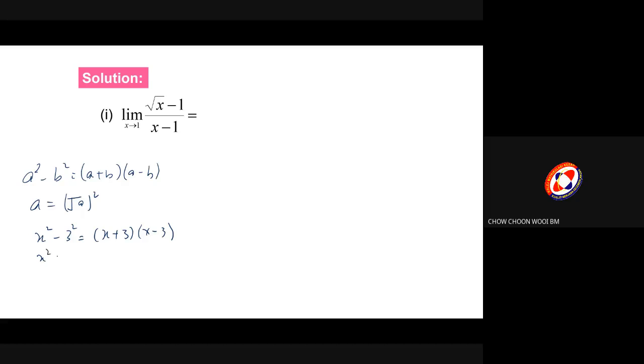Then if I give you X squared minus 3. So how we are going to factorize it? So it is equal to X squared minus 3 is actually equals to 3 squared. So which is equal to X plus 3, X minus 2.